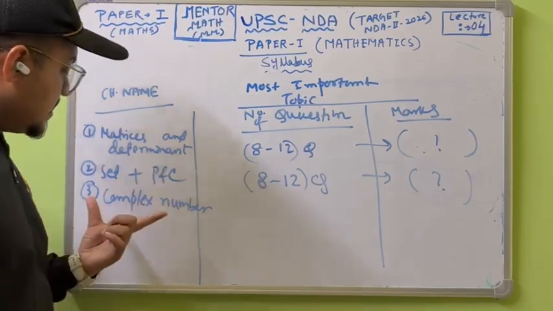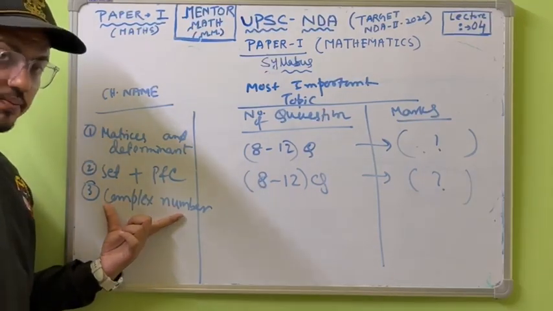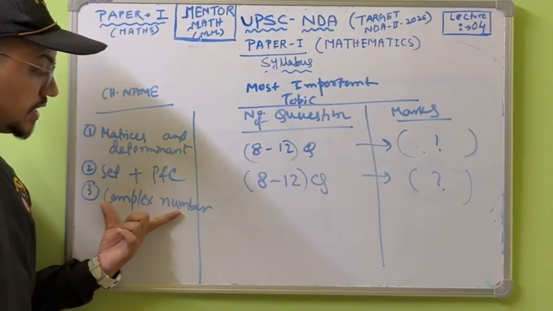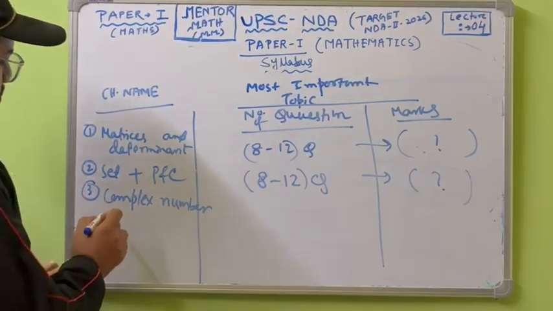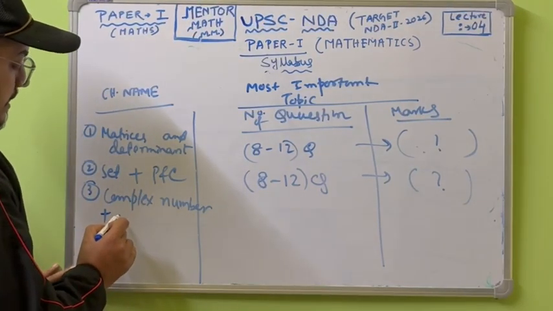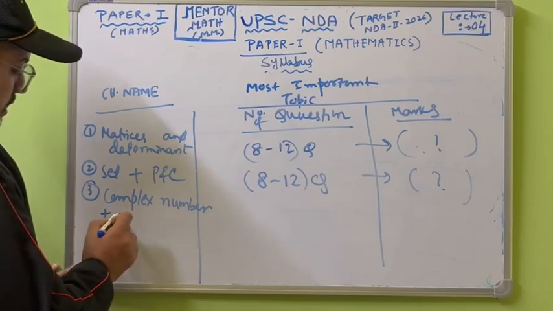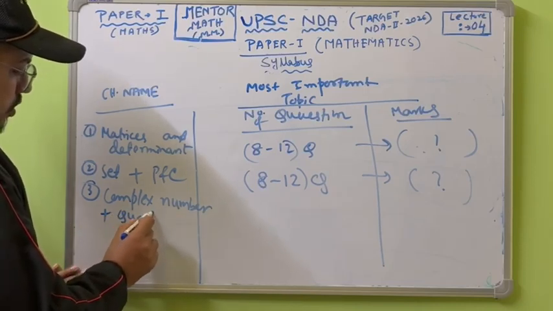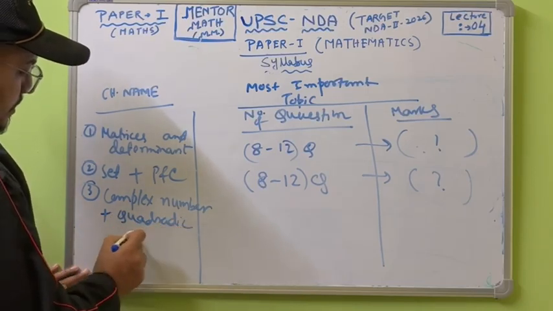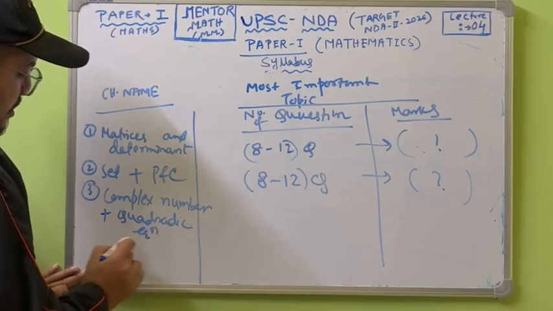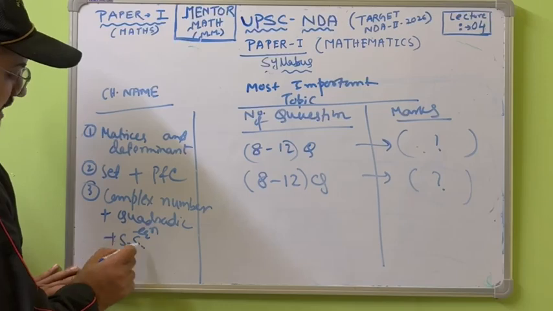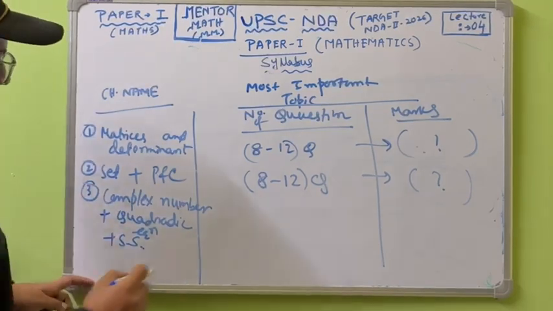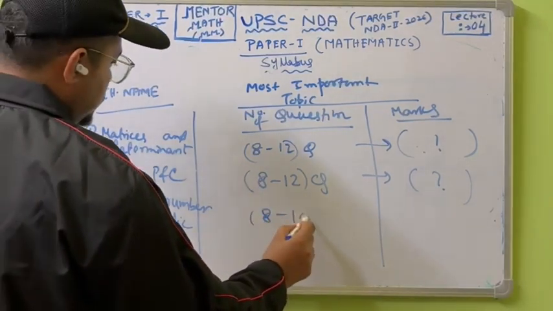Please mention that name, complex number chapter. That you already studied in your class 11. Okay, so complex number plus quadratic equation, inequalities, sequence series. SS means sequence series. From these chapters you can see again 8 to 10 questions.